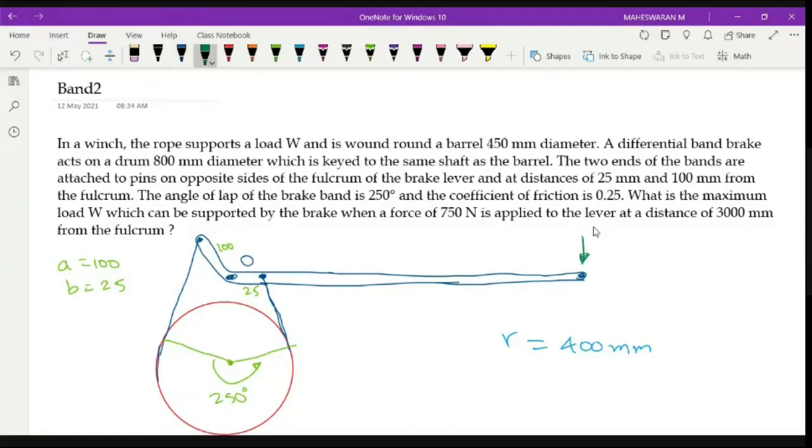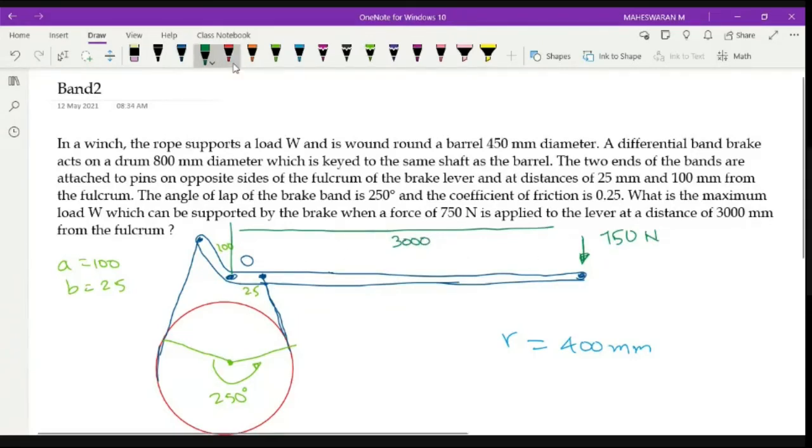The brake is applied with a force of 750 Newton at a distance of 3000 mm from the fulcrum, from here to here. So this is my diagram.